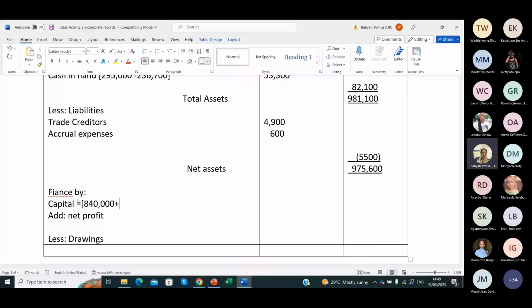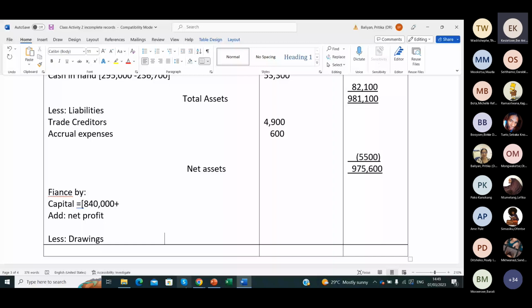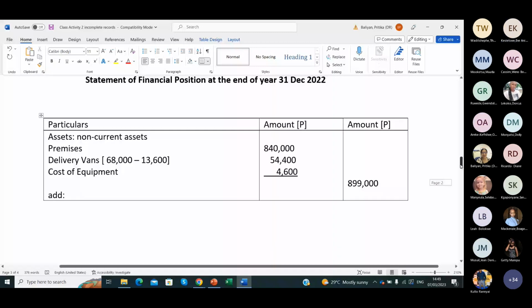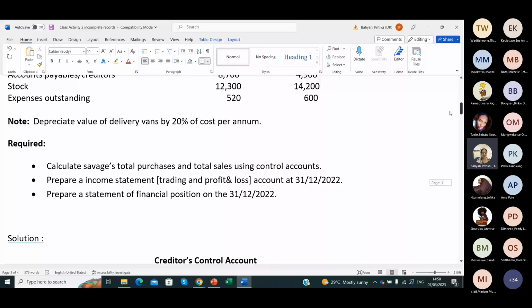Can someone read the figures for me? Can you please go over that again? Okay, I'm saying that like we calculated in the statement of financial position, we calculated the net asset, is it?